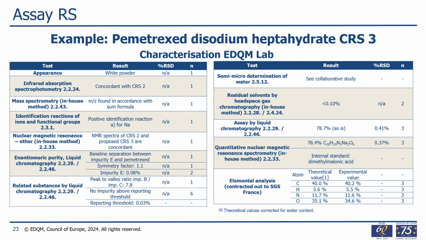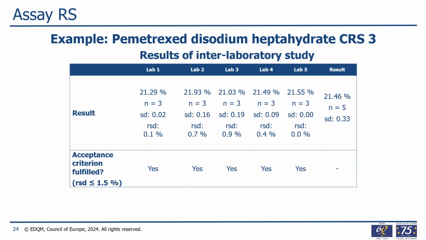Now, of course, in a heptahydrate, there's going to be a lot of water in. So for this parameter, we organized a collaborative trial, including 5 laboratories, of which the EDQM lab is one. So we send out the samples and we received results back. And if the acceptance criteria are fulfilled, then we take into account the result, calculate the mean, and use this for the mass balance approach.